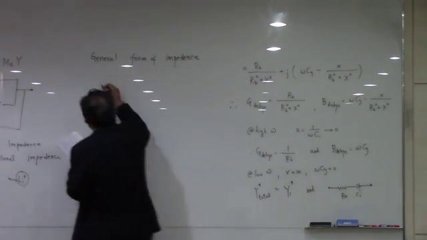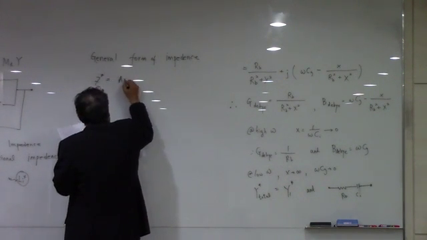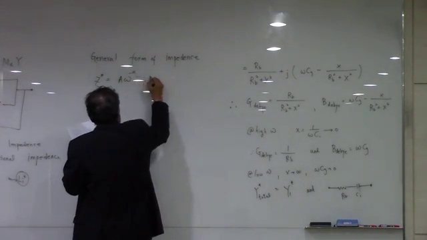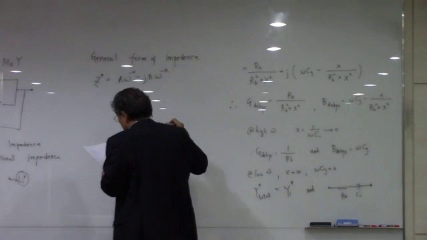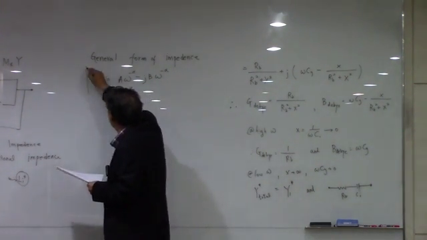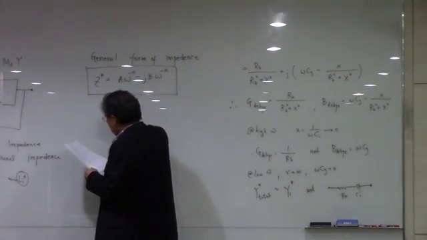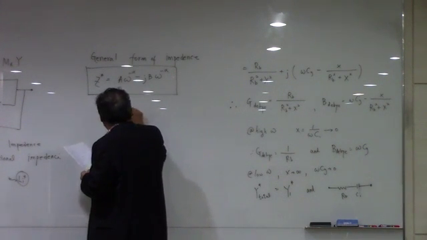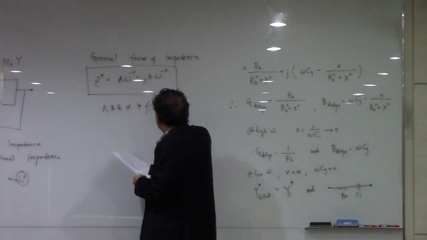General form of impedance, Z star equals A omega to the minus alpha, minus j B. This is the general form of impedance. Okay, in here A and B and alpha are not functions of frequency.